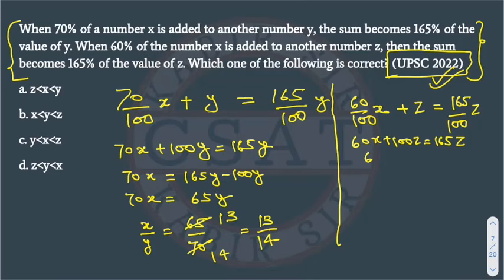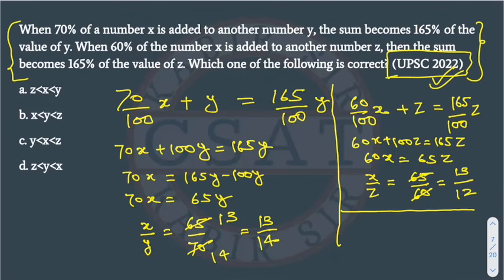We will move 100Z to the right hand side and subtract it, then it will become 65Z. Then x upon z will become 65 upon 60. We can cut them by 5, right? So it will become 13 by 12.